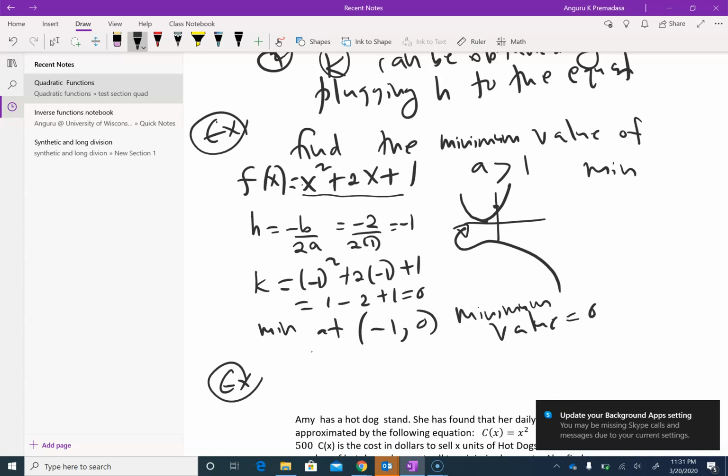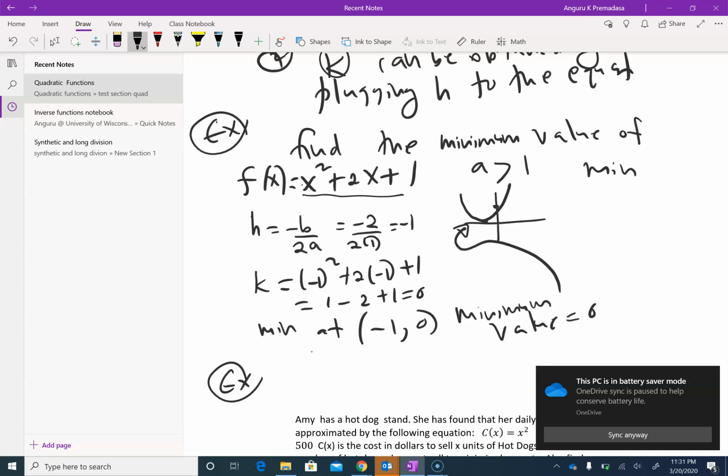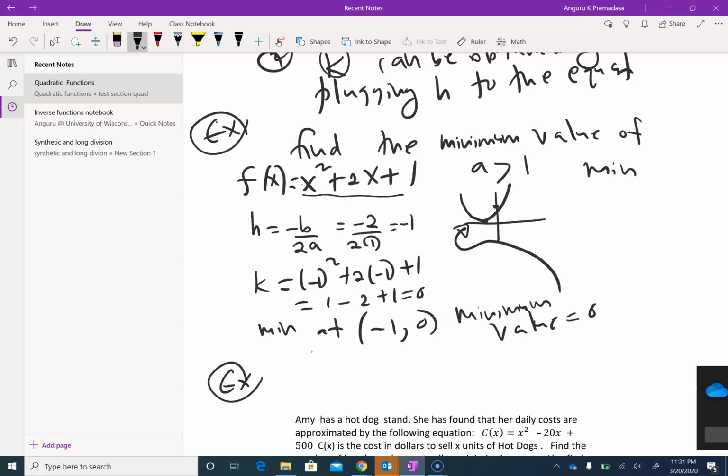We know that h is equal to negative b over 2a. So what is negative b? Negative b is negative 2, because b is 2. And over 2a, 2 times the coefficient of 1. So negative 2 over 2, which is negative 1.